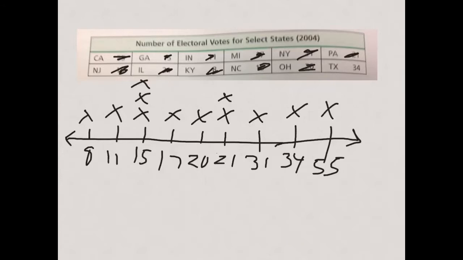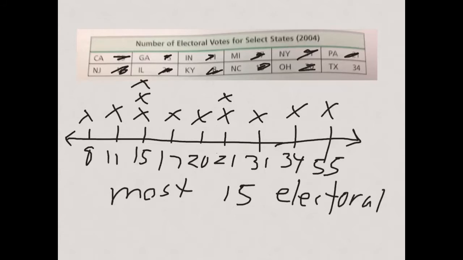Now, if the question was which occurred the most, well, most states have 15 electoral votes, because if I look here, 3. Next closest would be 21, which had 2. So the line plot, not too difficult.